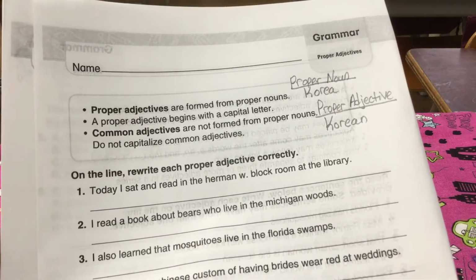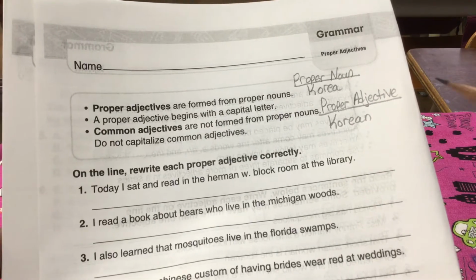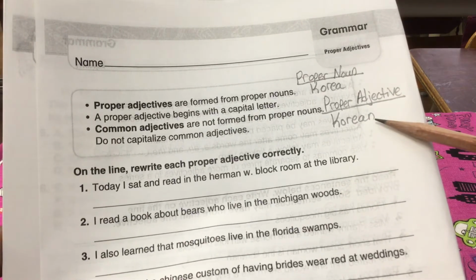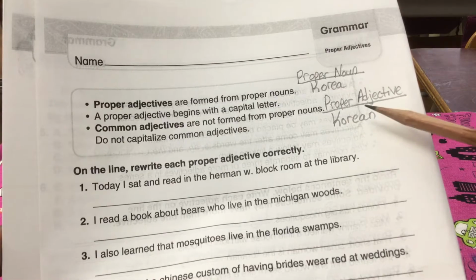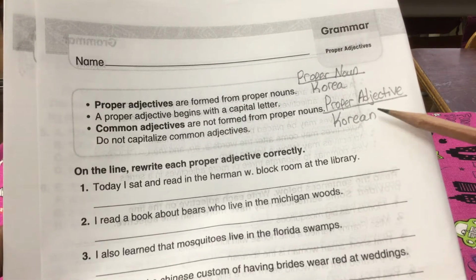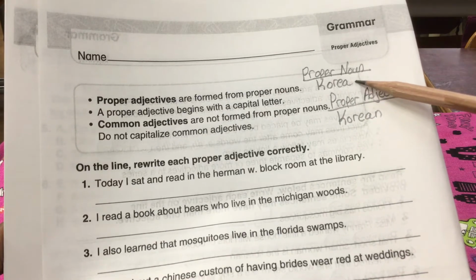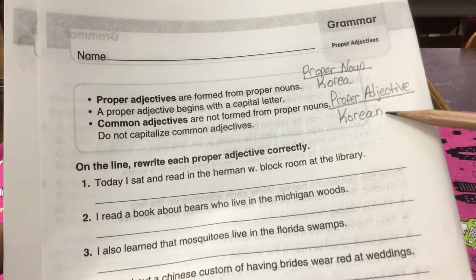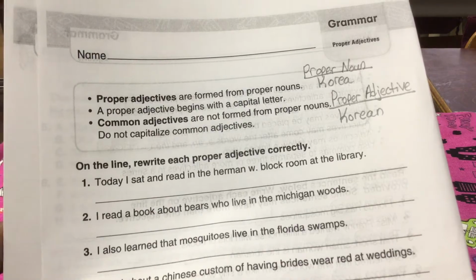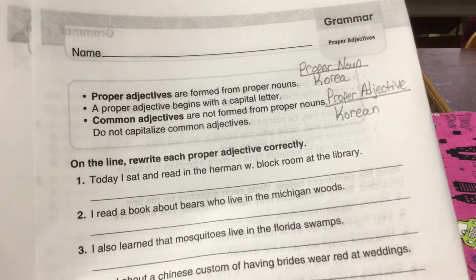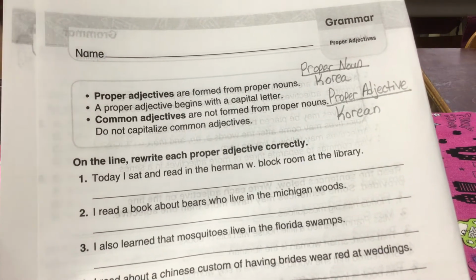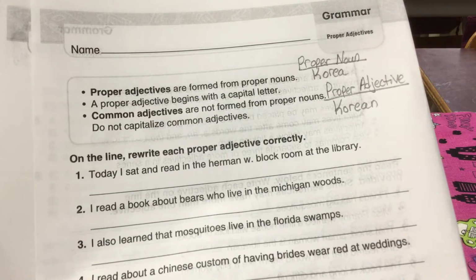People that are born and raised in Korea are known as Korean people. The proper adjective is Korean. Proper noun, Korea. That's the name of the country. Proper adjective, Korean. The name of the people that are born and raised in Korea. Okay?